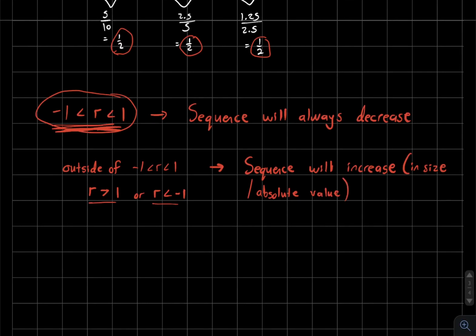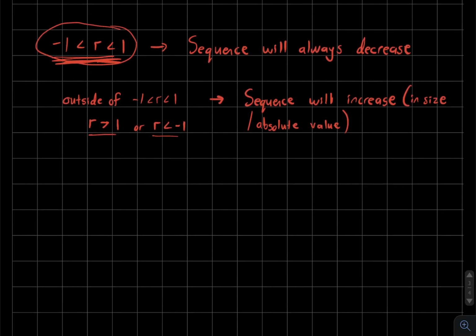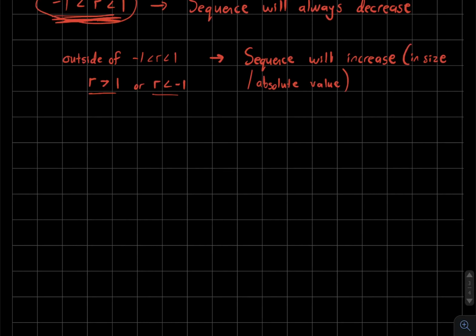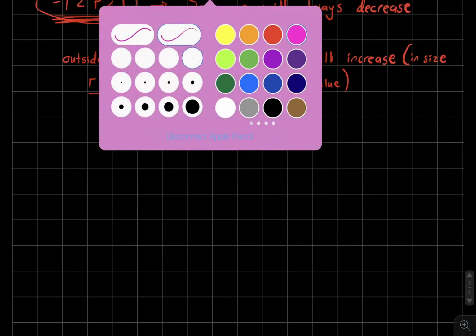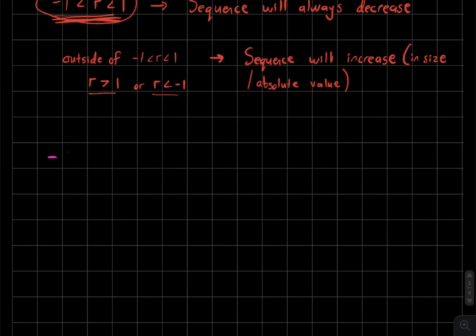Okay? So basically what that means is, let's just give some more examples to make this a bit more clear. So let's give examples where, let me change colors here just to make things a bit clear.